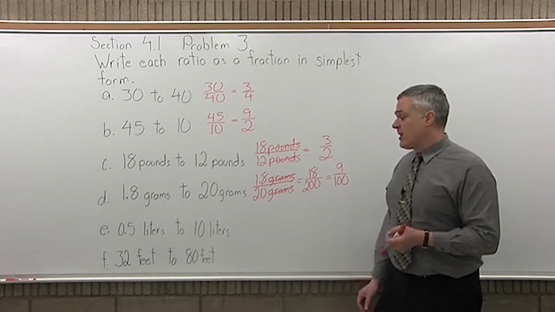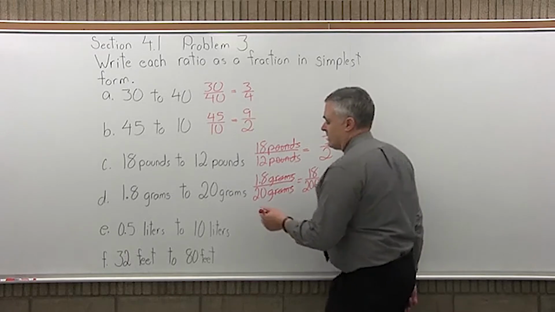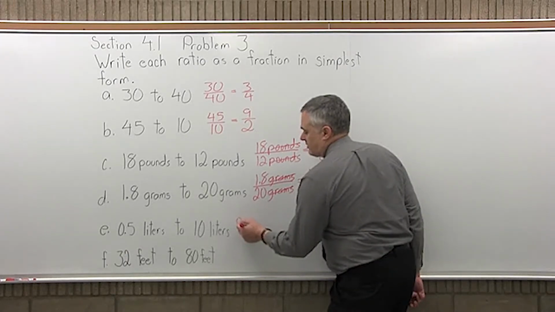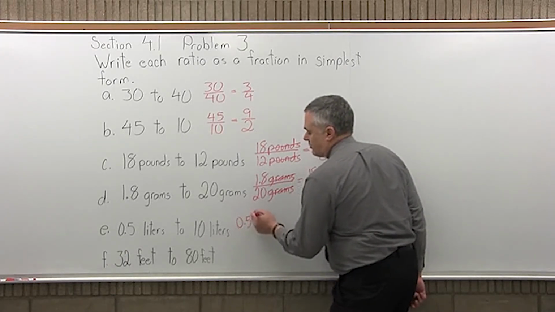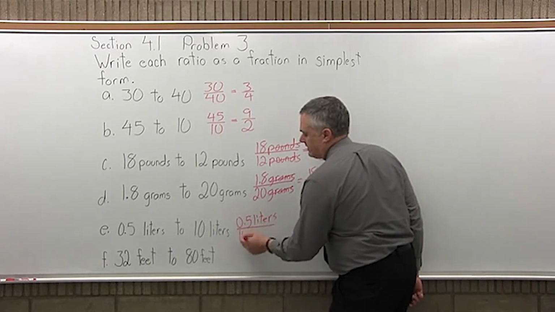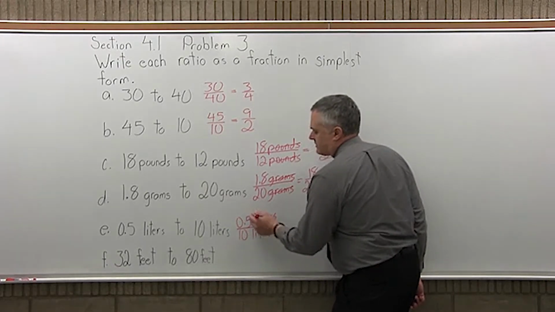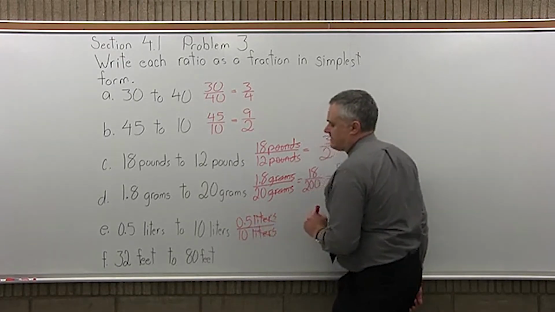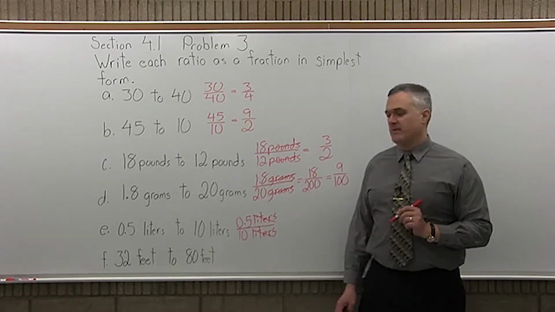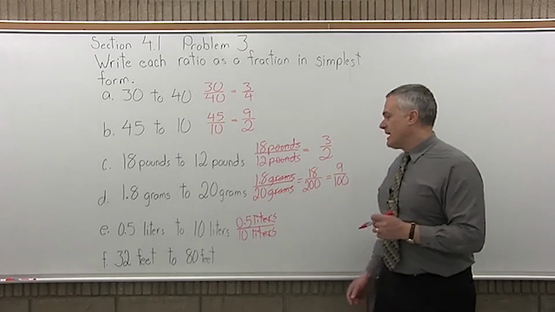So the next one, part E, 0.5 liters to 10 liters. Same process, the 0.5 liters will start in the numerator. In the denominator, 10 liters. And again, the units of measure being the same, we can cancel them. Liters on the top, liters on the bottom. 0.5 over 10, similar to what we had previously.